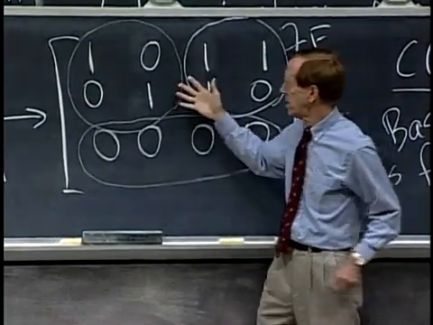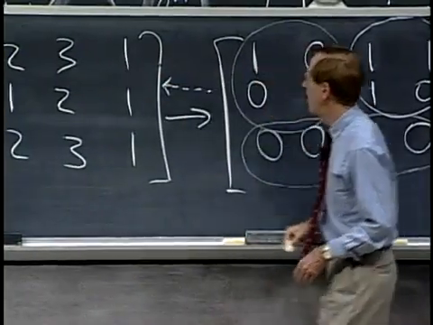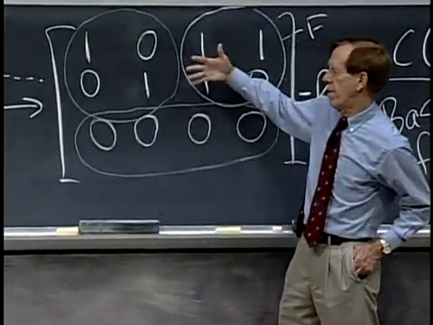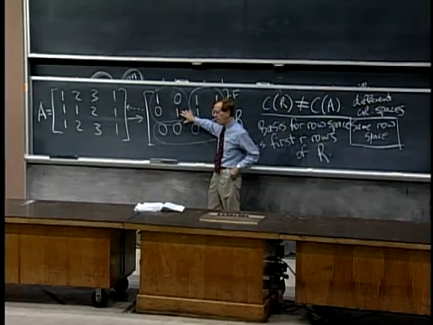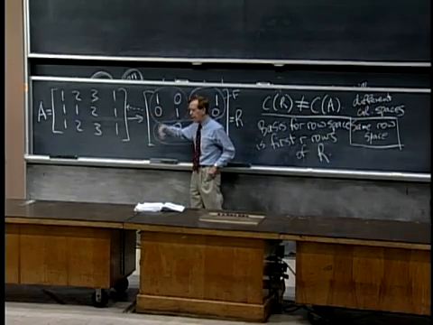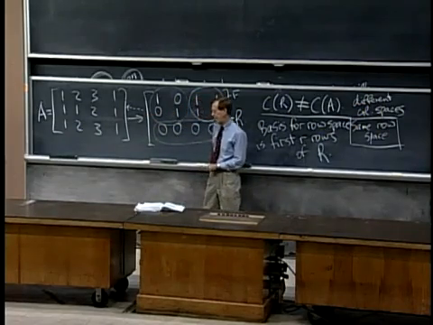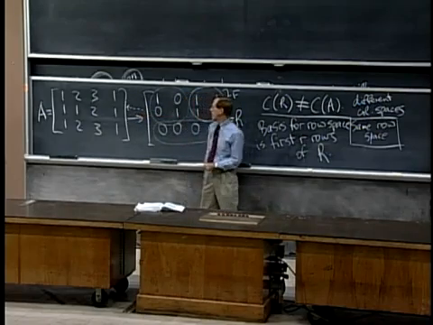If I just reverse the steps and go from R back to A, then what am I doing? I'm starting with these rows. I'm taking combinations of them. After a couple of steps, undoing the subtractions that I did before, I'm back to these rows. So these rows are combinations of those rows.